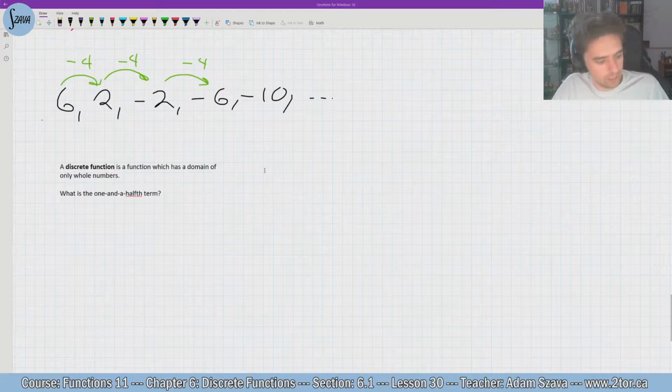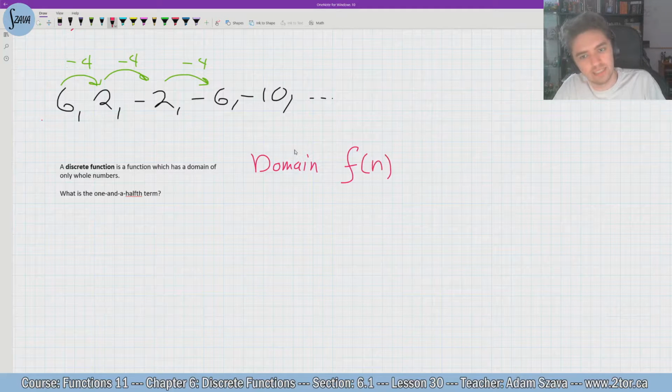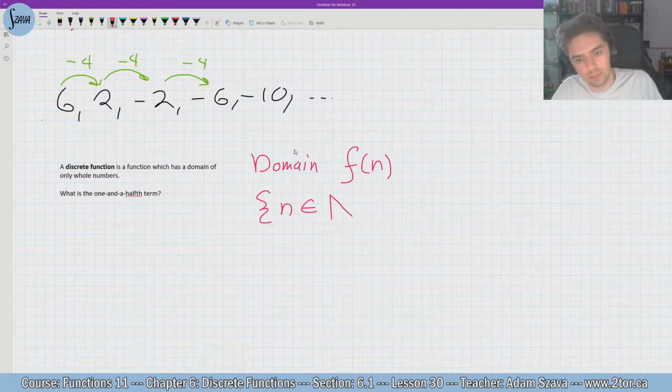I will mention here quickly the domain of a function which defines a sequence. It's in set notation: n is our input, and can be any natural number. So let's just say for now we're only dealing with natural numbers, and the symbol for that looks like this.